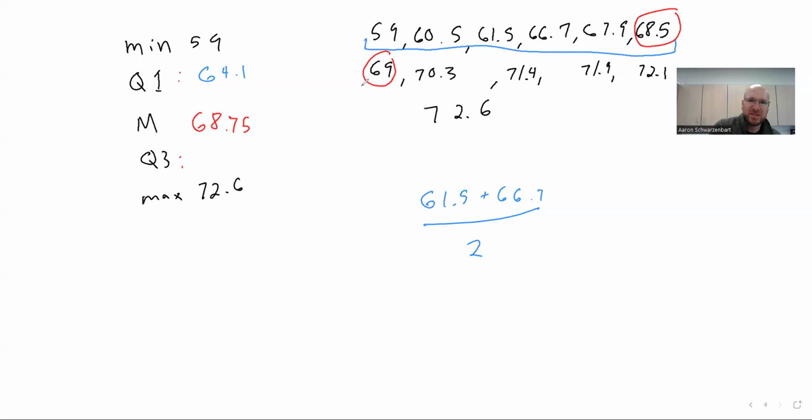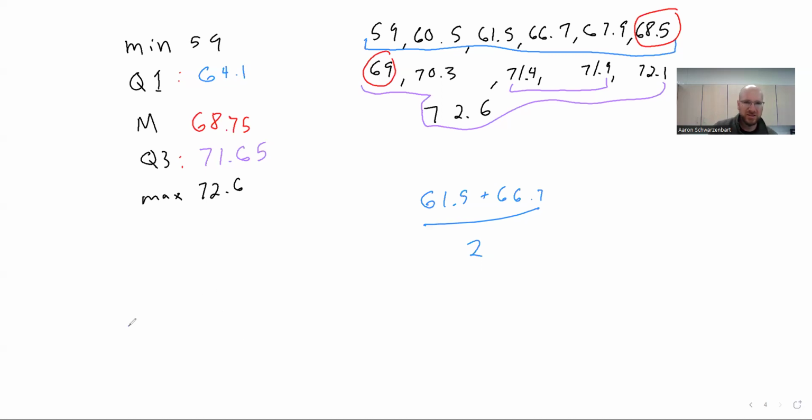The upper set is all of this. The middle two numbers are here. That is 71.65. So this is my 5-number summary. And I'm about to make a box and whisker plot with this.